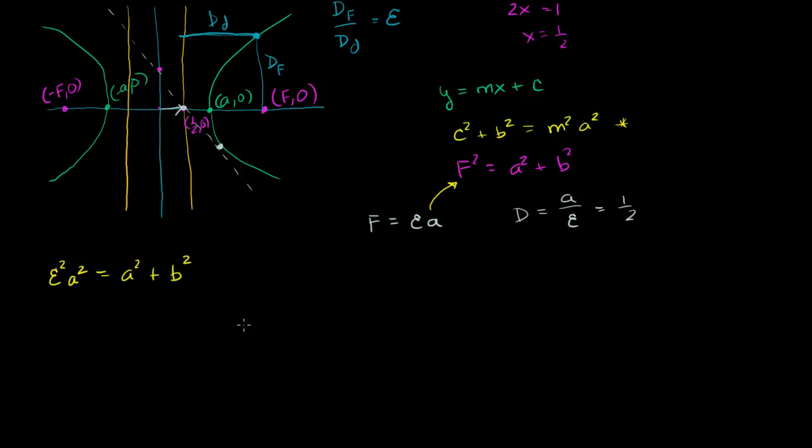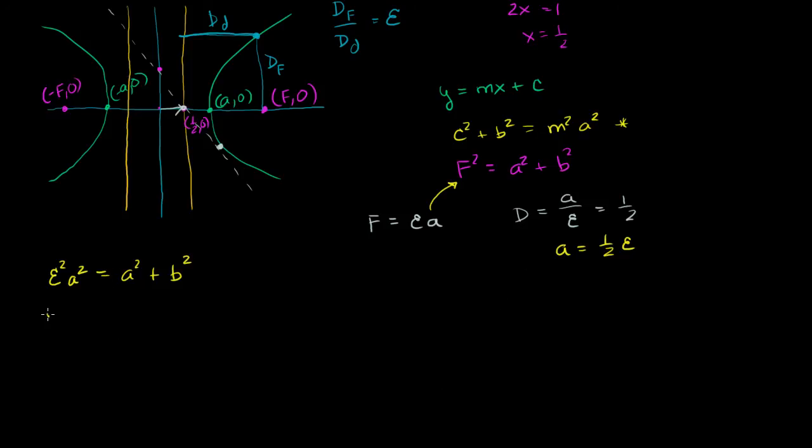plus b squared. And actually, let's see if we can even substitute more using this information over here. We know that a over the eccentricity is equal to 1/2. Or we could say that if we multiply both sides by the eccentricity, a is equal to 1/2 times the eccentricity. So let's substitute that into this over here.